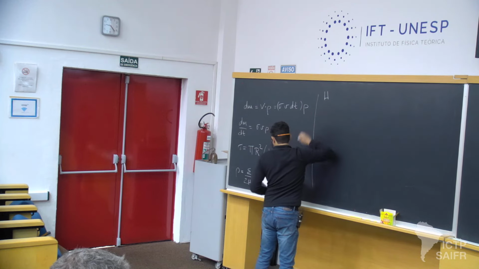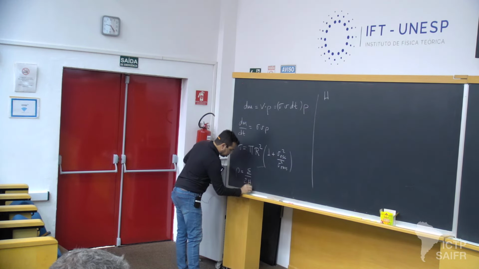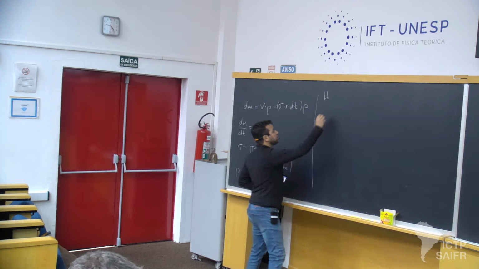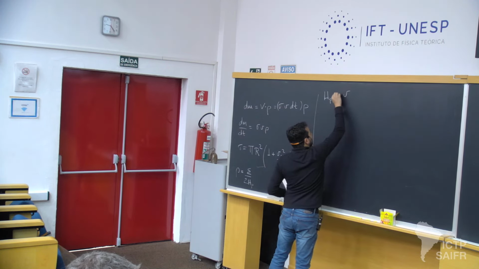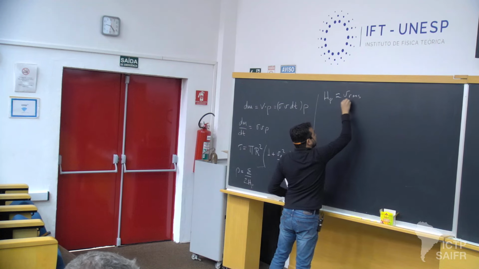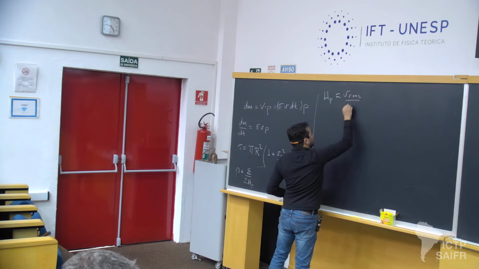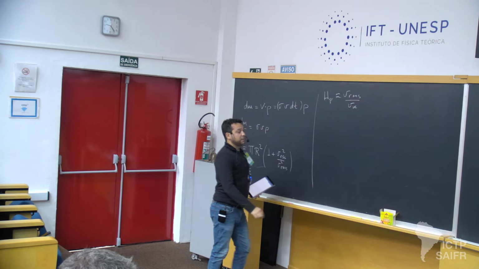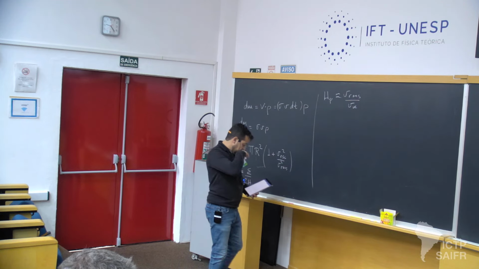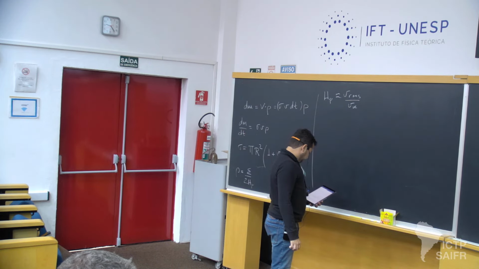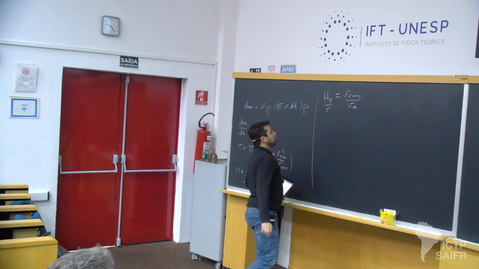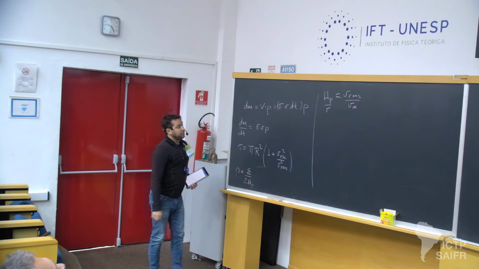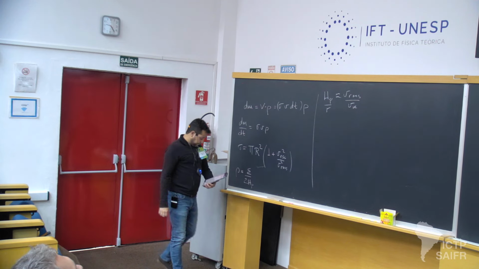Let's give it an index p, H_p, the scale height of the planetesimals. It's given more or less by the RMS of the distribution over the Keplerian velocity. Sorry, h over a here. So that's the aspect ratio of the distribution.